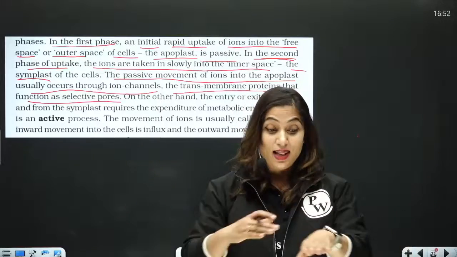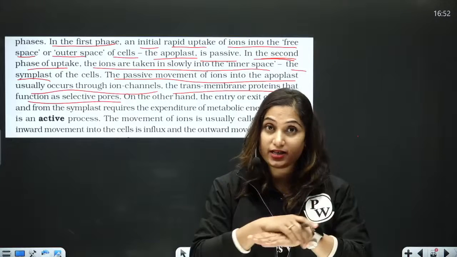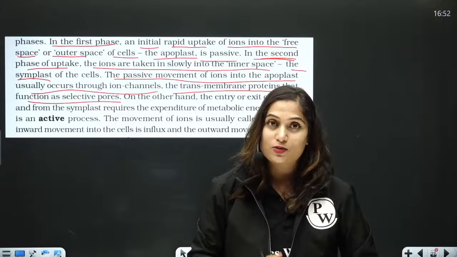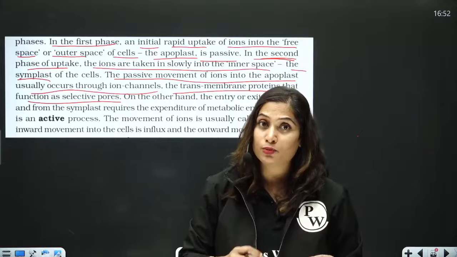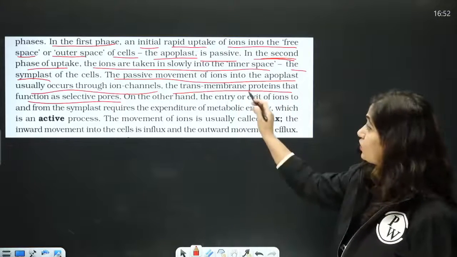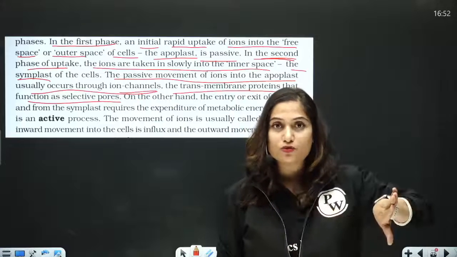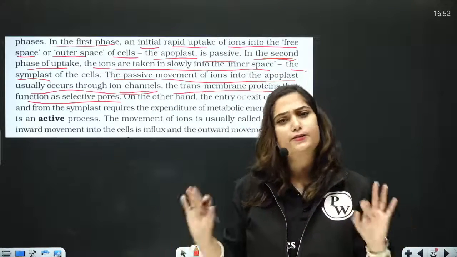No. Like our skin also acts as a barrier, right? It protects us. Likewise, the cell wall protects a plant cell. It also acts as a barrier. So yes, it's dead, but still there are certain transmembrane proteins or ion channels present in the cell wall which regulate the movement of ions through the cell wall, but that is passive in nature.